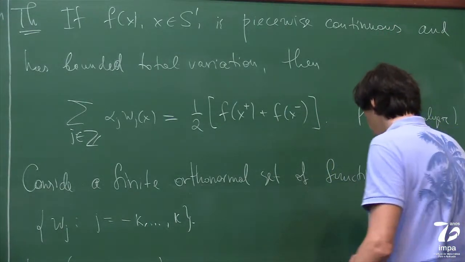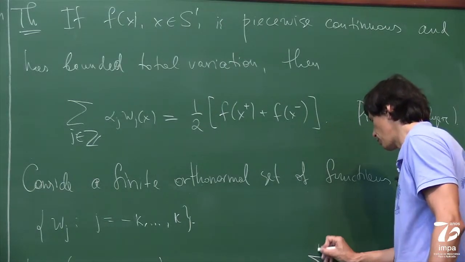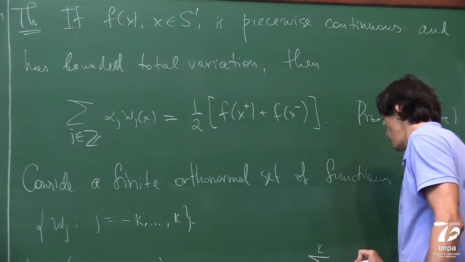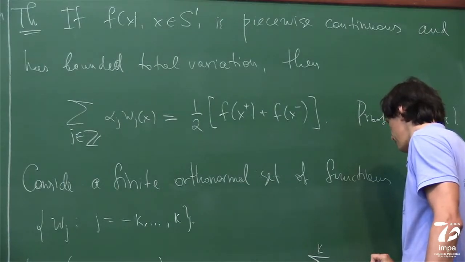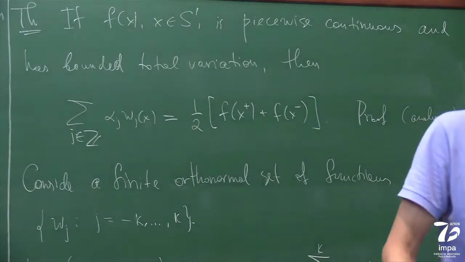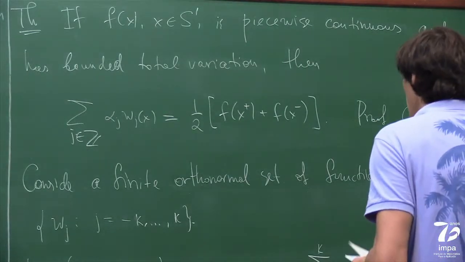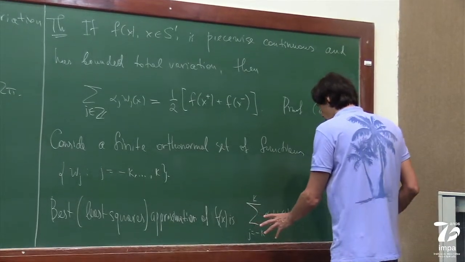So the best approximation will be the sum from minus k to k, alpha_j w_j(x). So we just cut the Fourier series from minus k to k. So now we have an approximation.